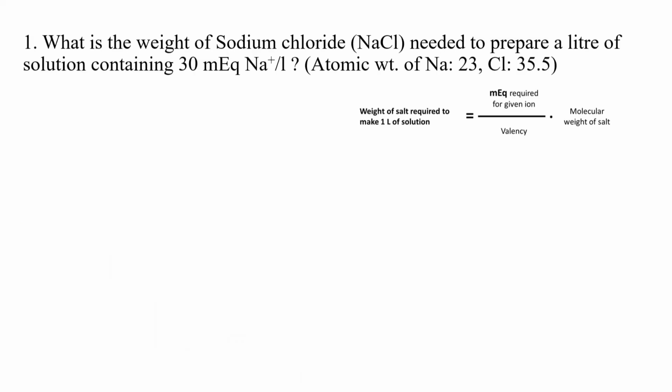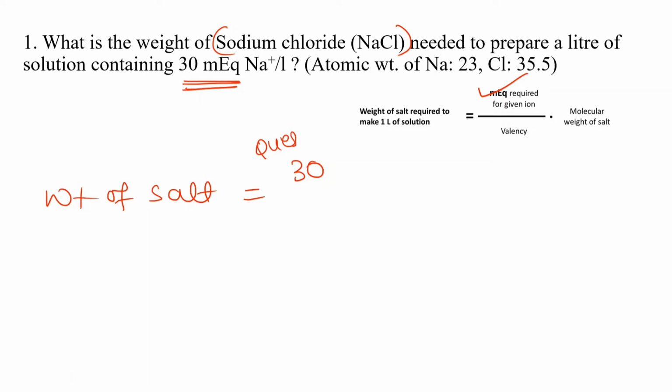This is the first example where the weight of sodium chloride is to be found out to prepare a 1 liter solution containing 30 milliequivalent sodium ions. This weight of salt is equal to, as per the formula, 30, this 30 milliequivalents being provided in the question, divided by valency.